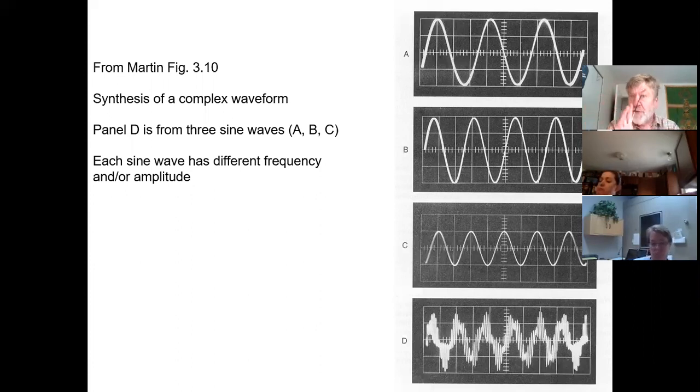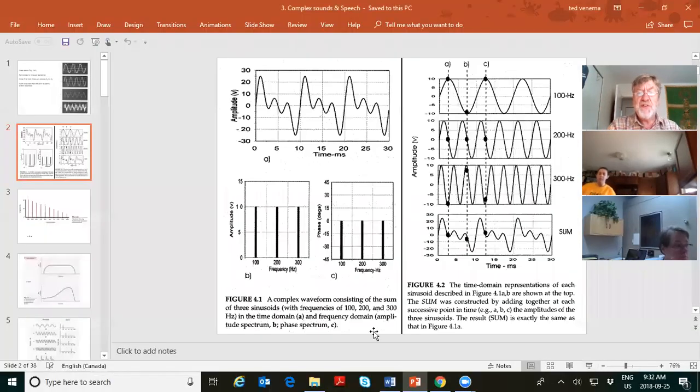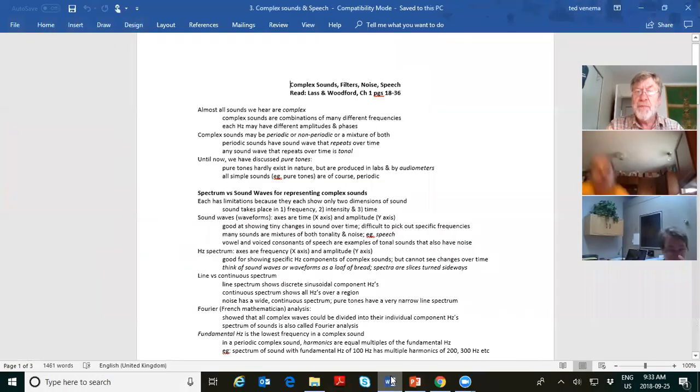It's a mixture of a few different frequencies, but because the waveform repeats over time, it's still tonal. Any wave, A, B, C, or D, that shows repetition over time is going to sound tonal. It might be low tone, might be mid tone, might be high tone, but by gum, it's going to be tonal.